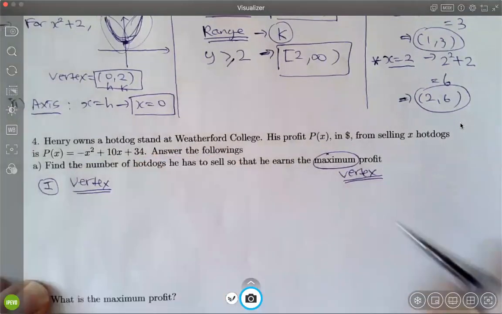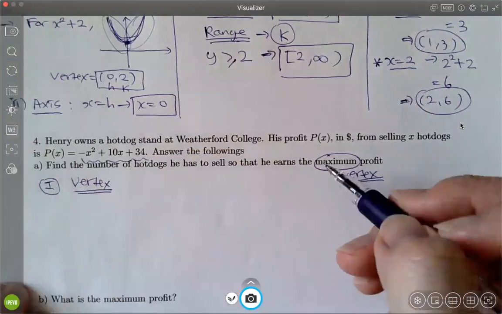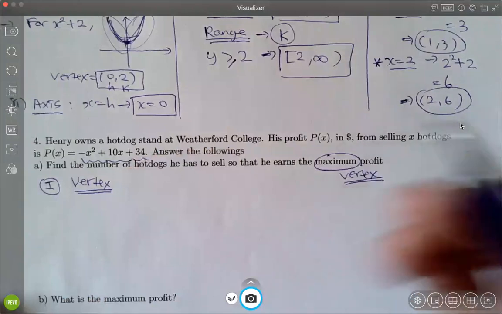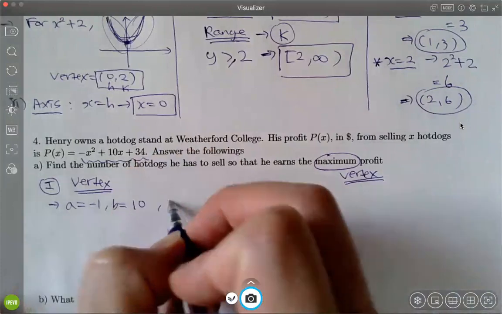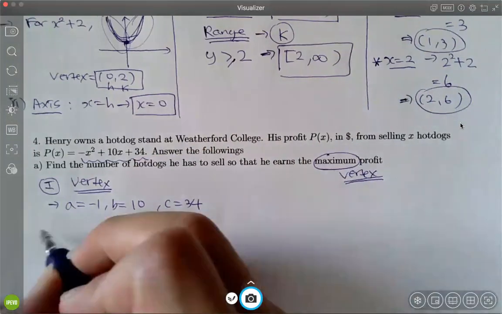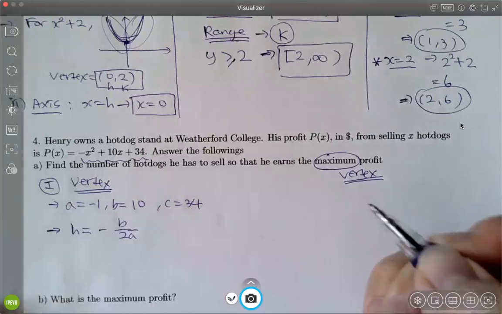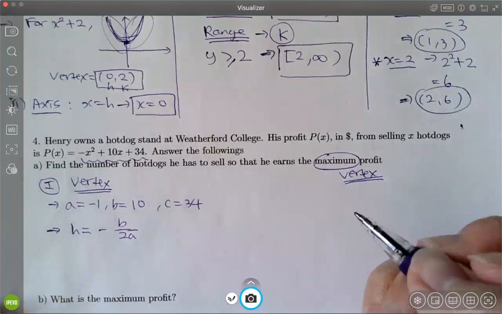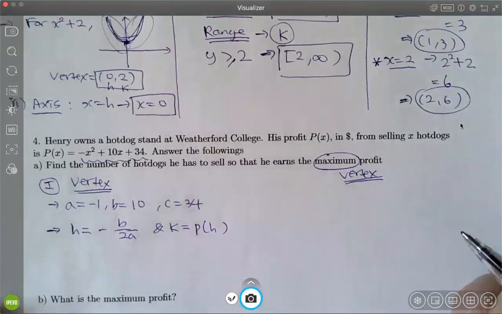So now the given quadratic function is -x squared plus 10x plus 34. What do we have to do? Identify a, b, and c if you want. So a is -1, b is 10, and c is 34. And remember, what is the formula? h is equal to -b over 2a, and then k is obtained by plugging h into the function, right?